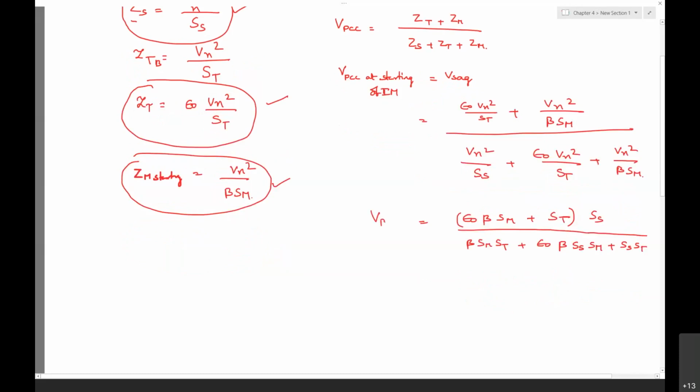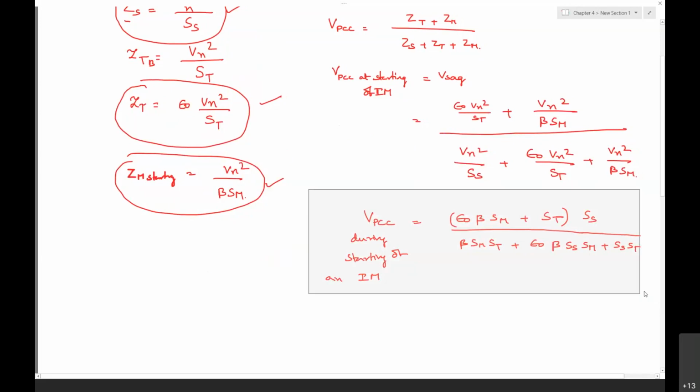This is the PCC voltage during starting of an induction motor. This is the expression we got over here.